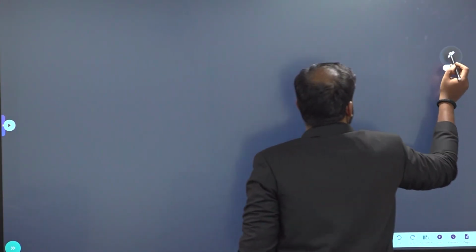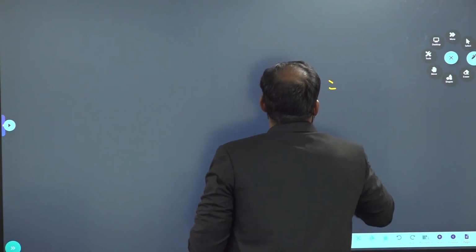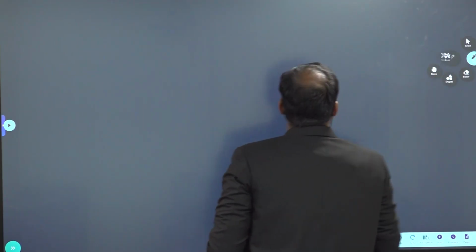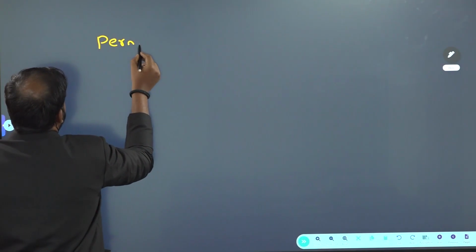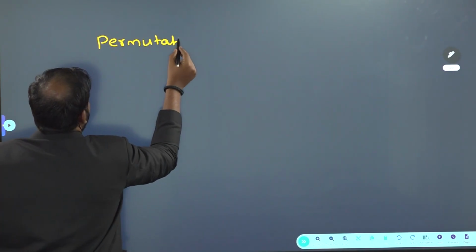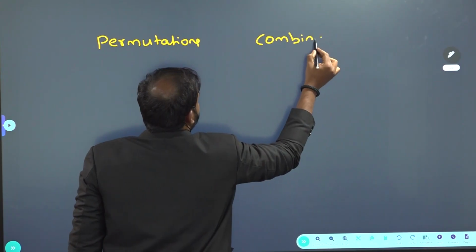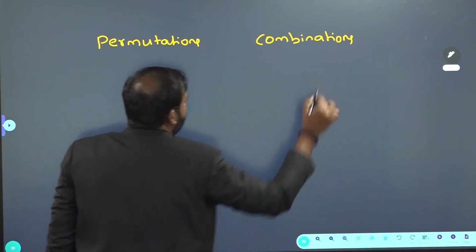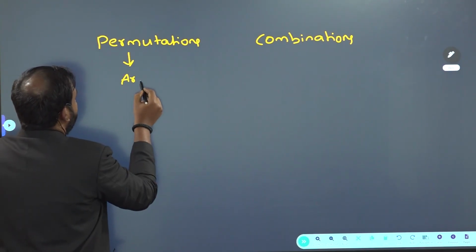Now, when it comes to permutations and combinations, students, what are permutations and combinations in general? The technical terms are permutations and combinations, but permutations means arrangements.